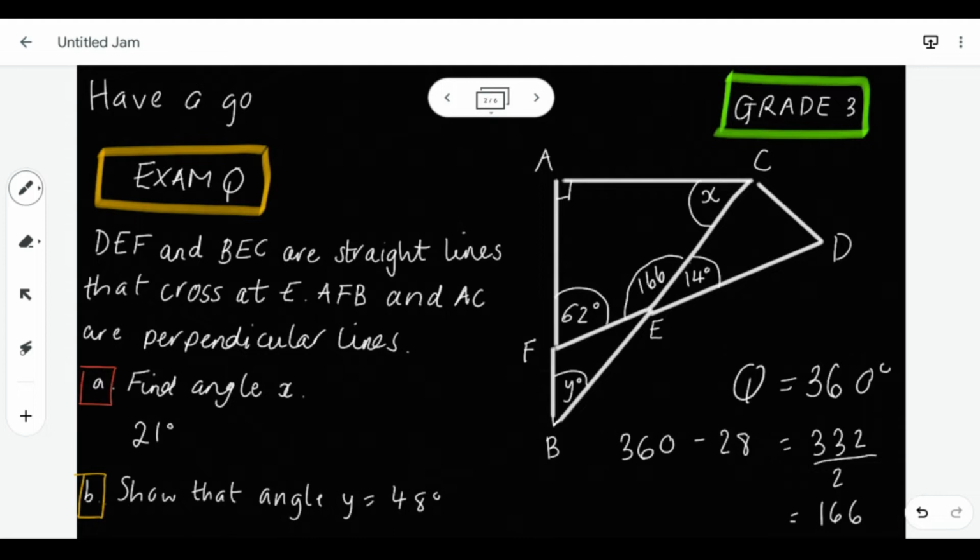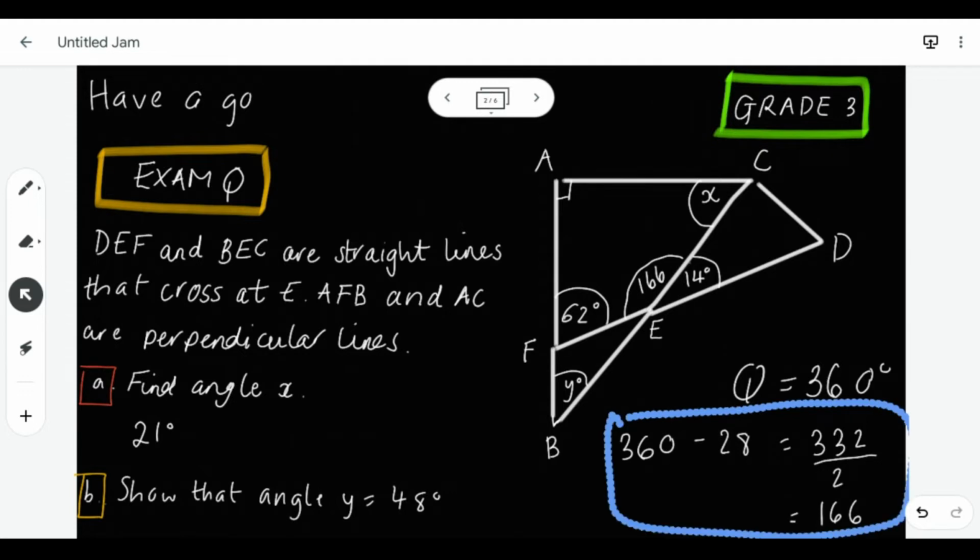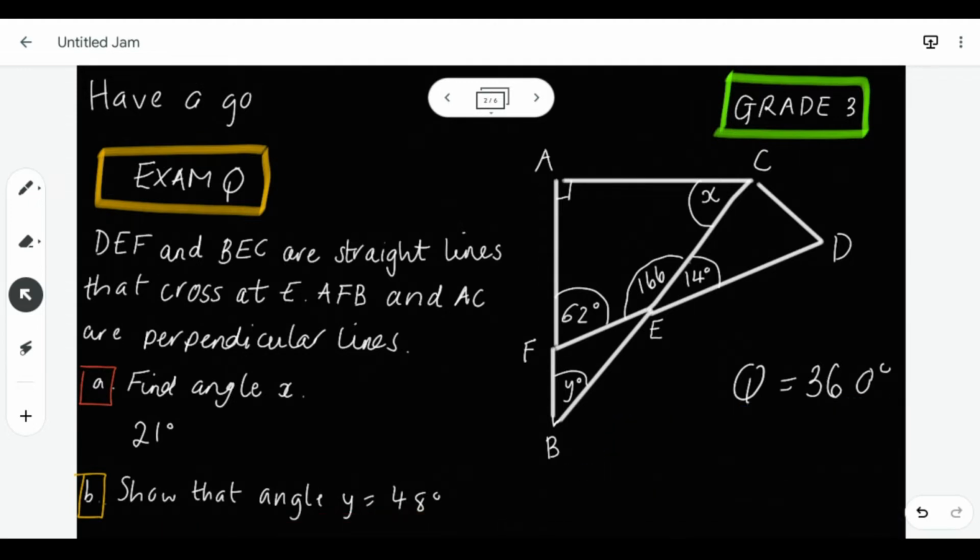Now, I'm just going to move this out of the way so that I can make some space for the next question. The next question asks us to show that angle Y equals 48 degrees. In order to do that, we know that this angle here is 14 degrees.